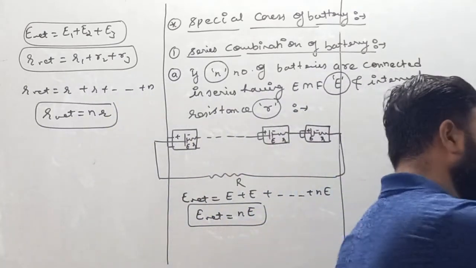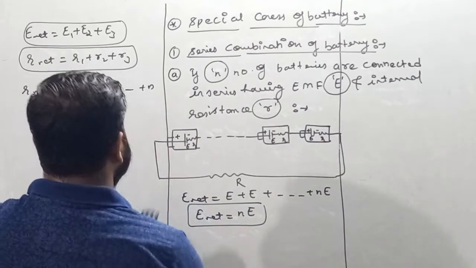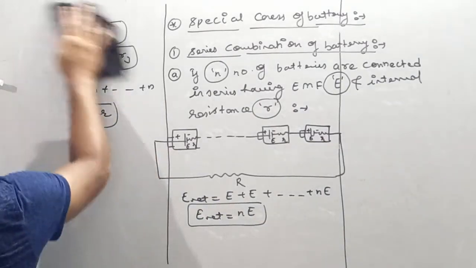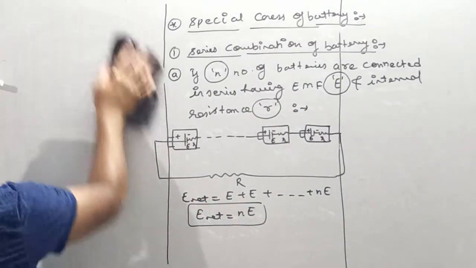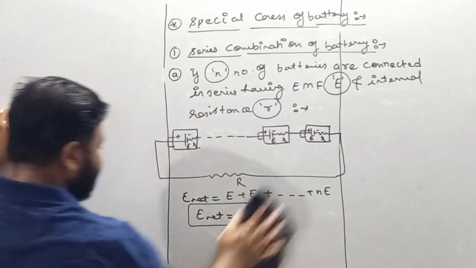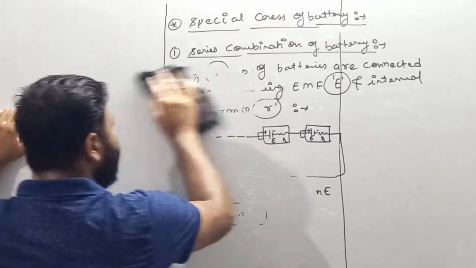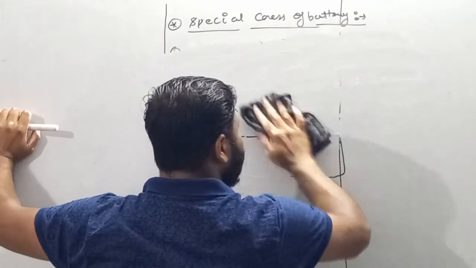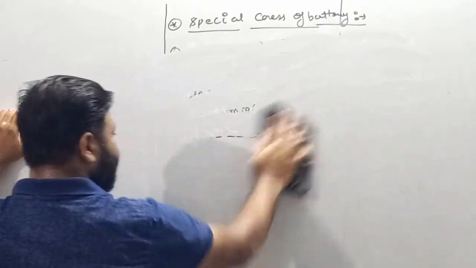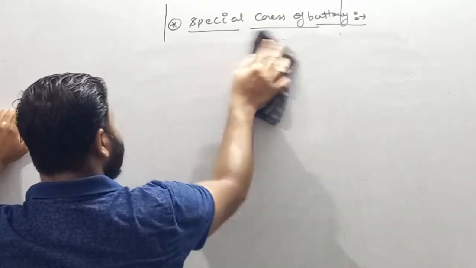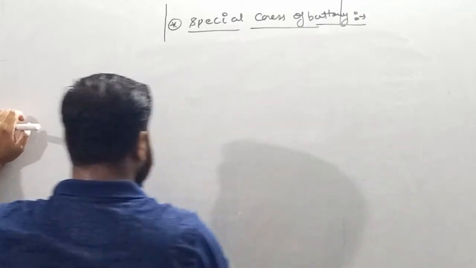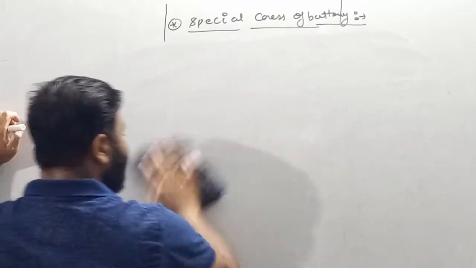Moving forward, case 2, write down case B: if the polarity of any one battery changes. This is a very important case and quite logical, so try to understand what I am saying.